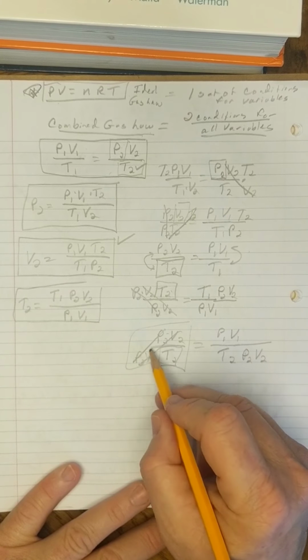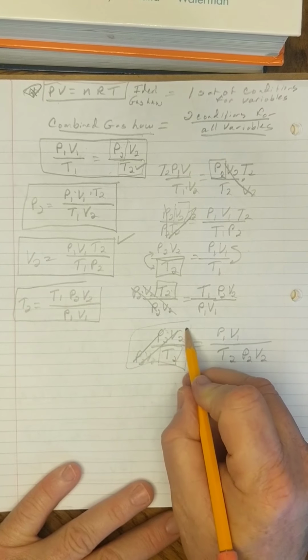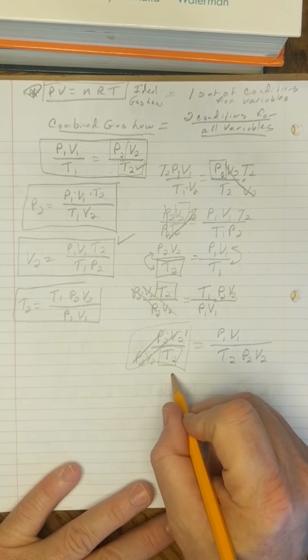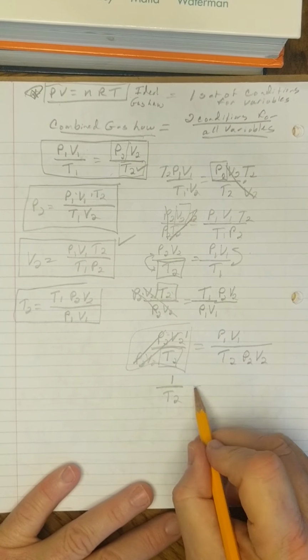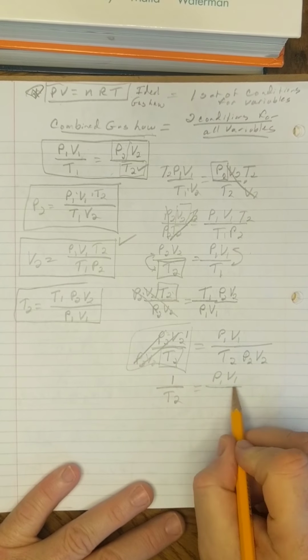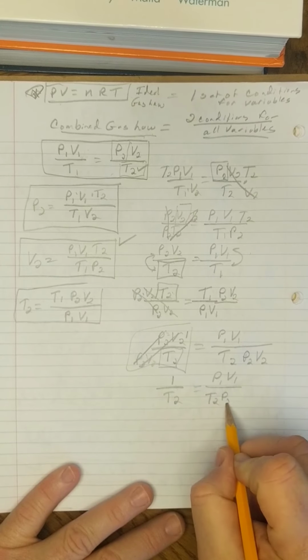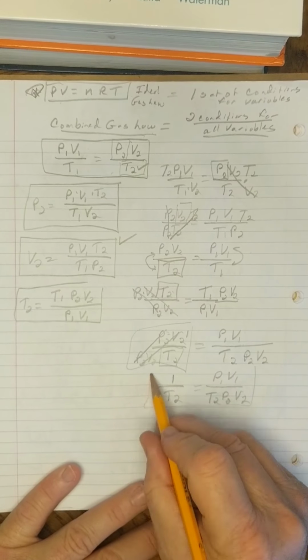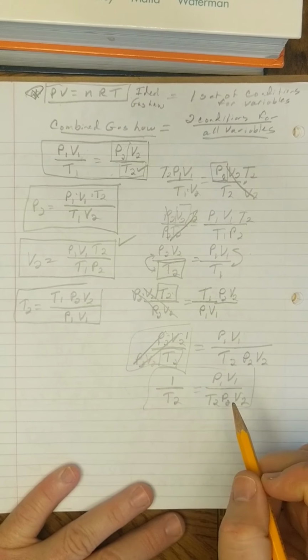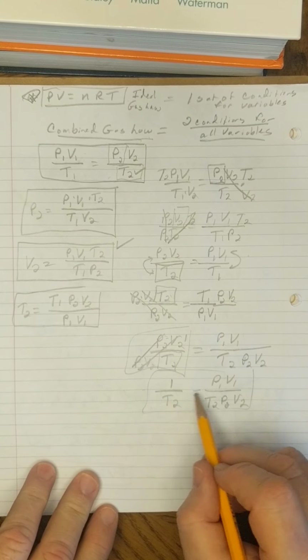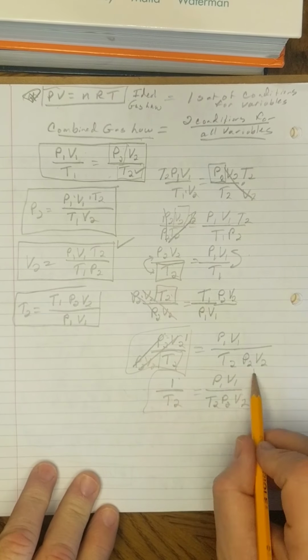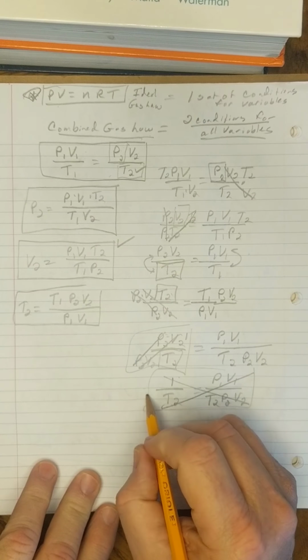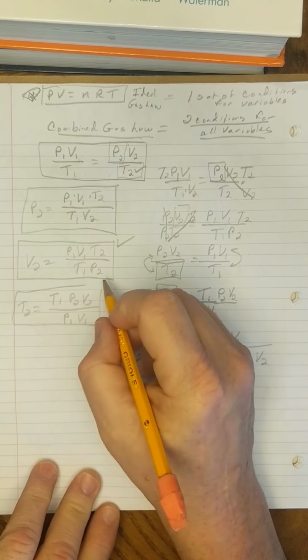Well, when you cancel out P over P and V over V, you're left with a 1. So you're not solving for T2, you're solving for 1 over T2 equals P1V1 over T1P2V2, and that does not equal T2. If you invert both sides, you get the correct answer. So just a reminder not to do that.